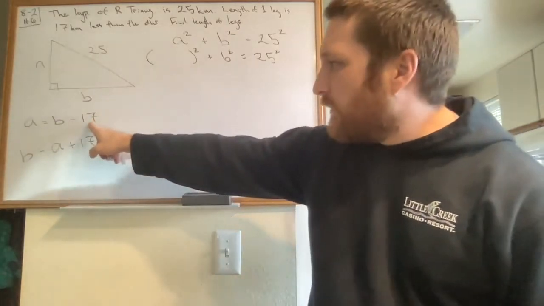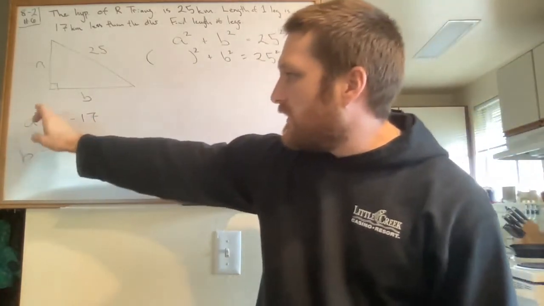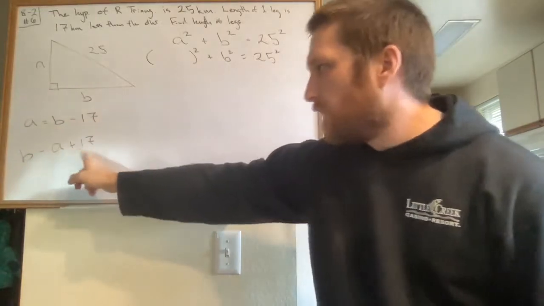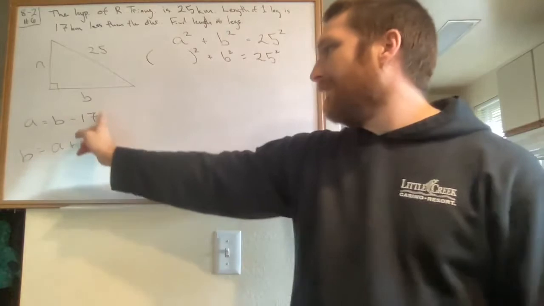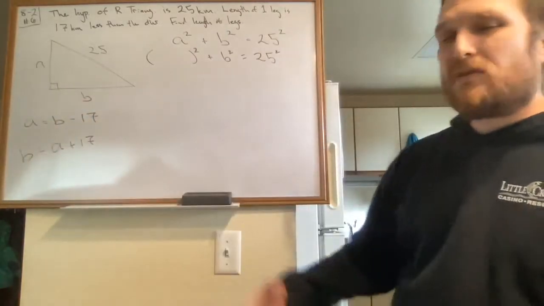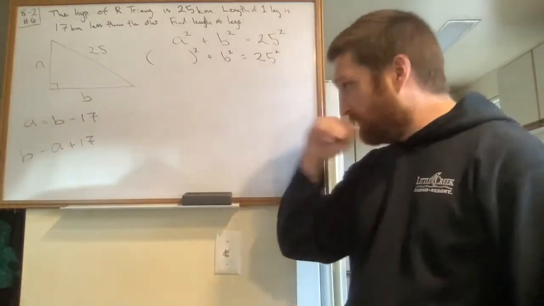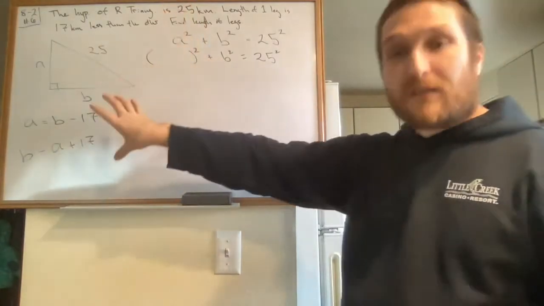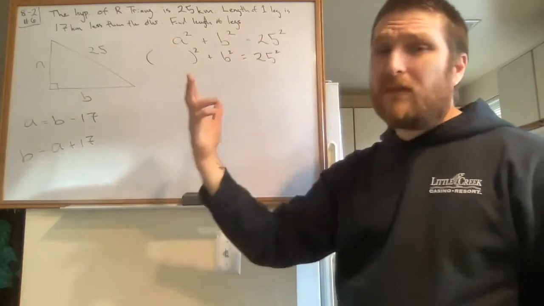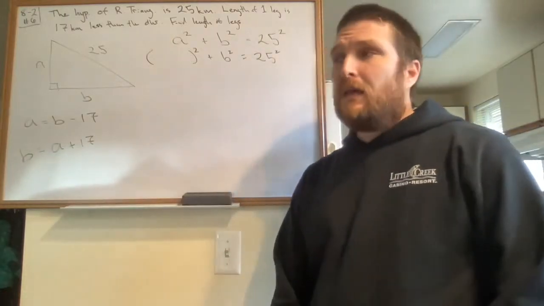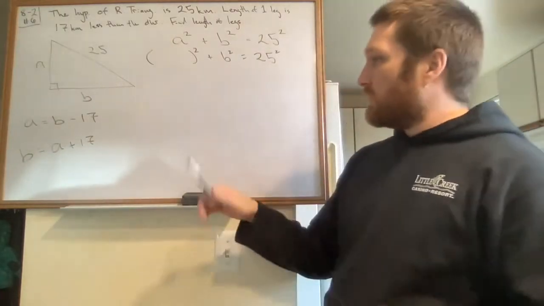Add 17 to both sides here, and you'll have A plus 17 equals B. Subtract 17 from both sides of this equation, and you end up with this equation right here. We saw before that when I made the other substitution into the original equation, we end up with the same answers. And so it doesn't matter which way you want to go to do this.